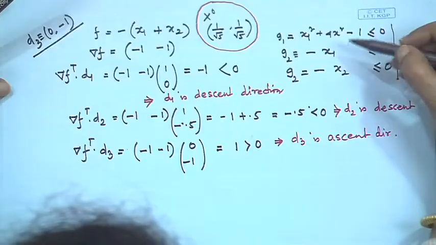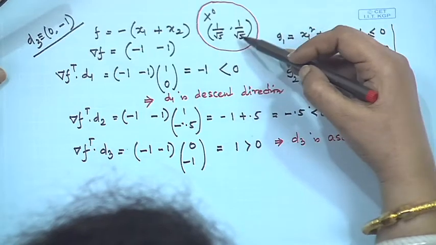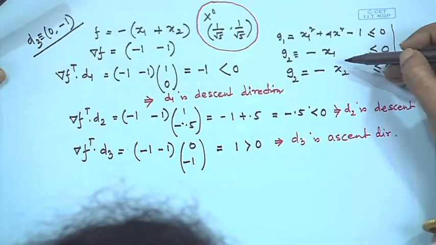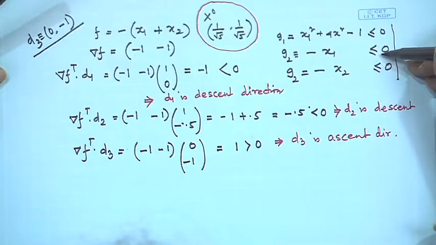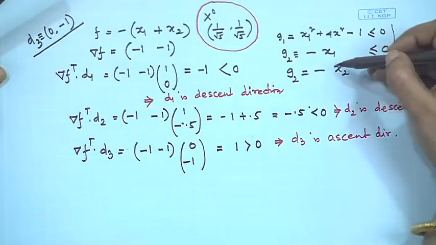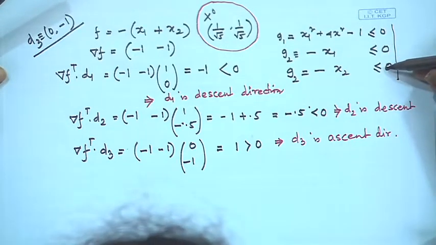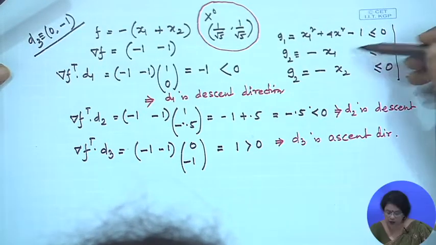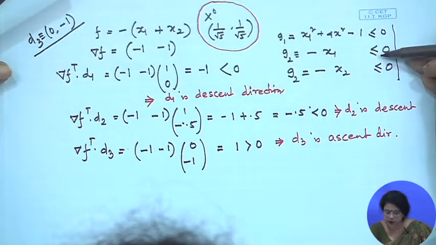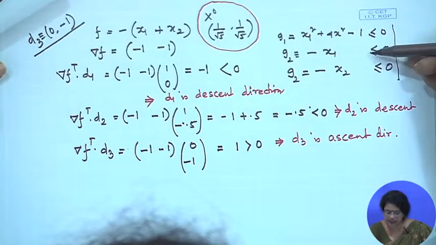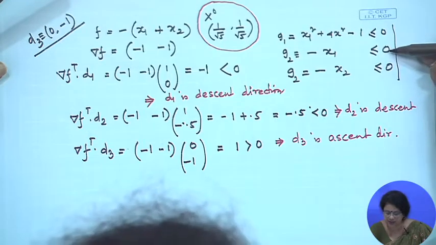Okay. Now, if we see the constraint set, what we could see is that, first of all, g2 is not an active constraint. g3 is not an active constraint. Is that so? No, because minus 1 by root 5 is not equal to 0, that is why this is not active.